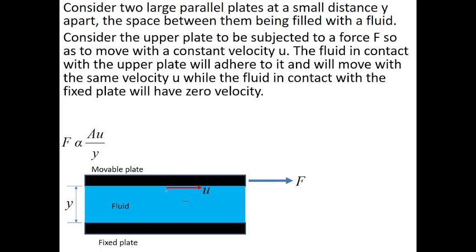Kung ano yung bilis ng movable plate sa taas, yun din ang bilis ng fluid sa interface ng movable plate at fluid. Pero sa ilalim, zero. Walang paggalaw ng fluid na nasa ilalim, sa interface ng fixed plate at fluid.